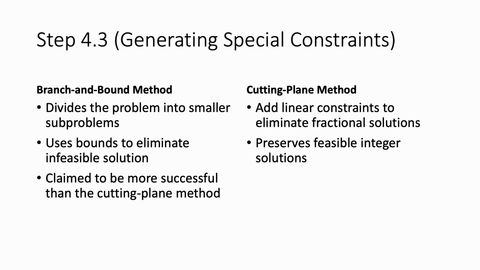The branch and bound divides the problem into smaller sub-problems, and then it uses bounds to eliminate infeasible solutions, while on the other hand, the cutting plane method adds linear constraints to eliminate the fractional solutions while preserving the feasible integral solutions.